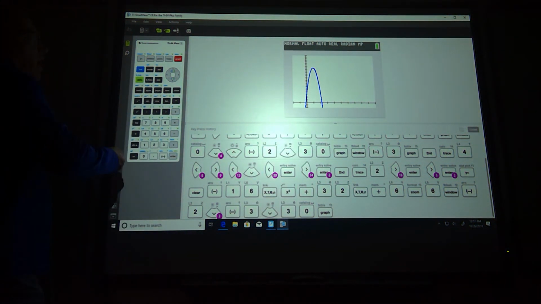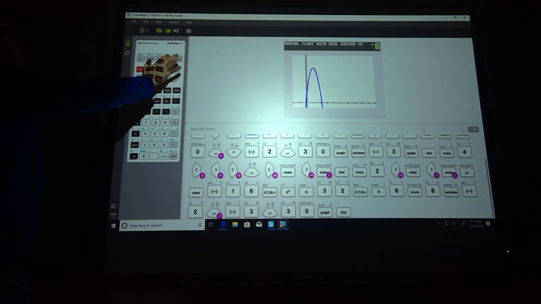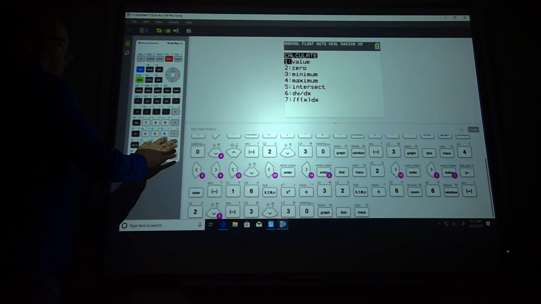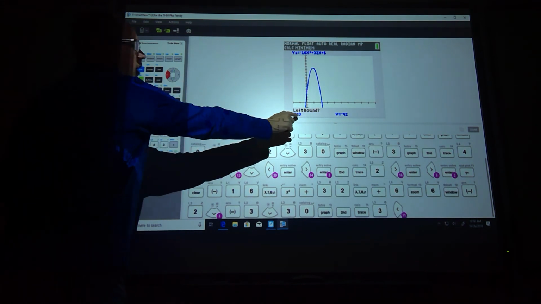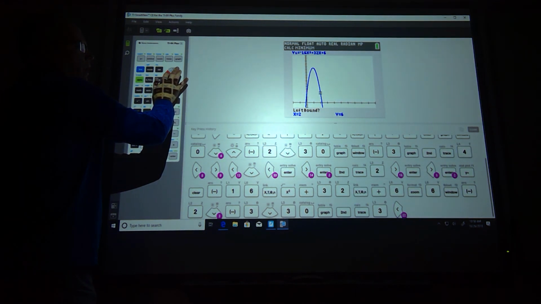Okay, so how do I find the vertex? We can go negative b over 2a, plug it in, do all that with arithmetic, or we can do this on the calculator. Second, trace. It's a parabola. Do I want to find a max or a min? Max. It was the highest point, right? So I'm going to find a max. I hit number 4. I'm going to use my arrows.